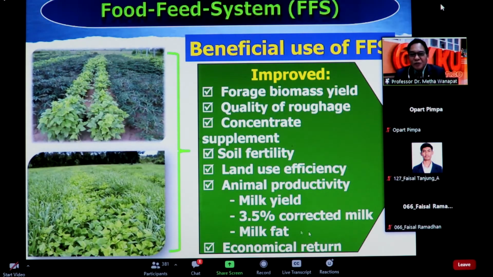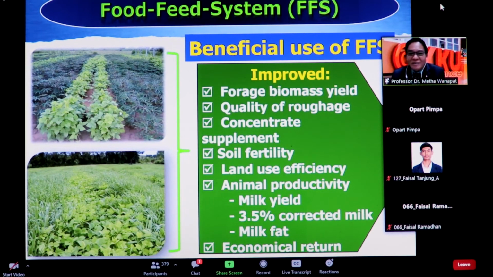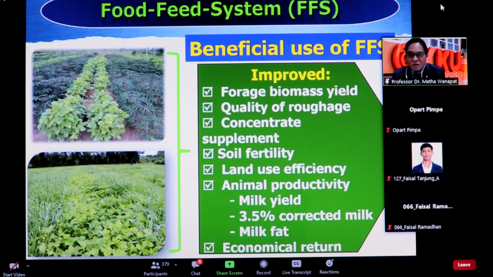I introduce you to the food-feed system that I have modified from the work of Professor Devendra. Here again, he is gone also. The late Devendra from Malaysia. Devendra published a lot on feed resources. So unfortunately, he's gone, okay? I learned a lot from him.